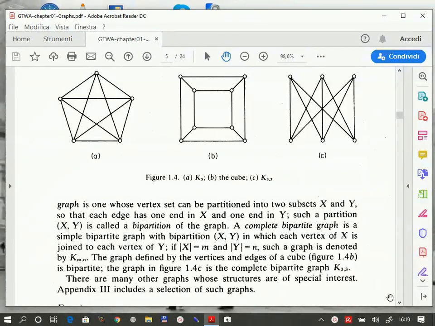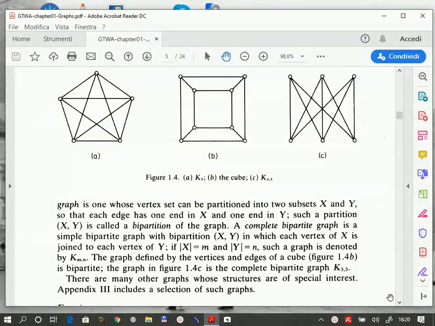And you don't have that a class teaches a class or a teacher teaches a teacher. Or many other situations like this in which you have a relation between different sets, and they are very well depicted by bipartite graphs. We'll have many things to say about bipartite graphs throughout.